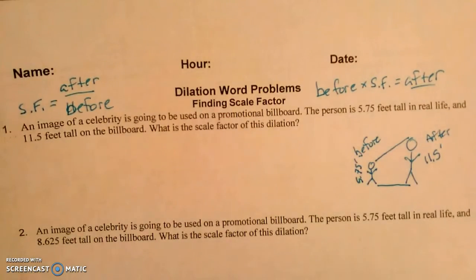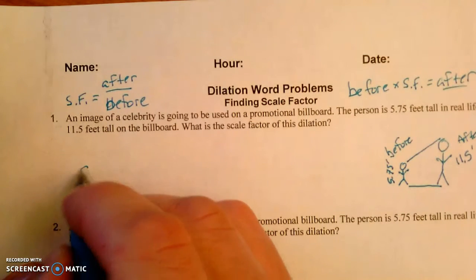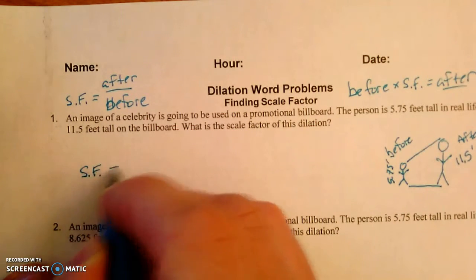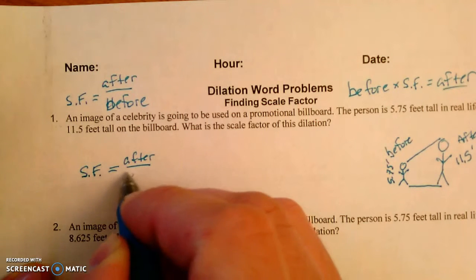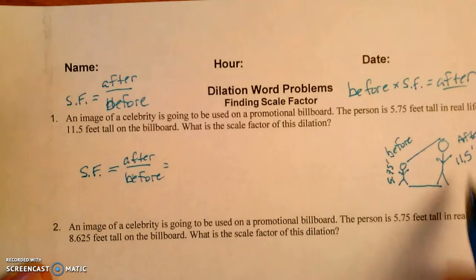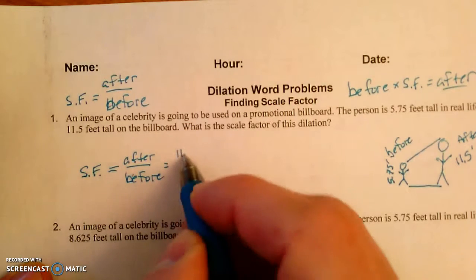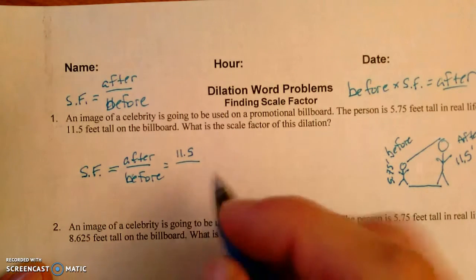So our scale factor is after divided by before. So scale factor equals after divided by before. Our after was the 11.5 feet, 11.5 divided by our before, which was 5.75.